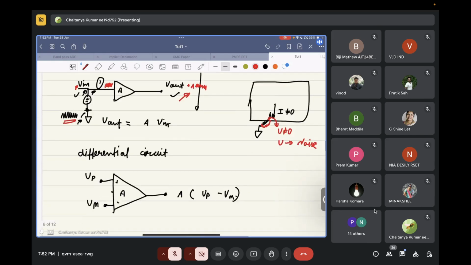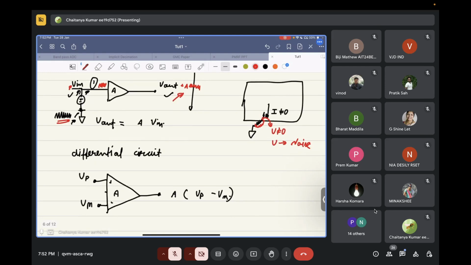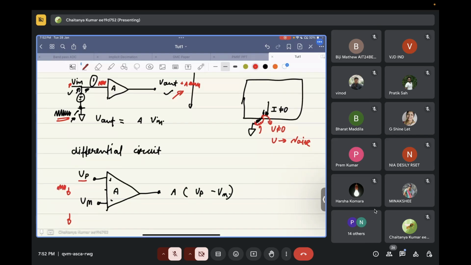Now, in a differential circuit, ideally what should happen: Vp will be defined with respect to a ground, and Vm will be defined with respect to the ground. Both these grounds will be the universal ground of the chip. If there is some noise on both of them, both of them will cancel each other, and at the output, you will get a noiseless signal.